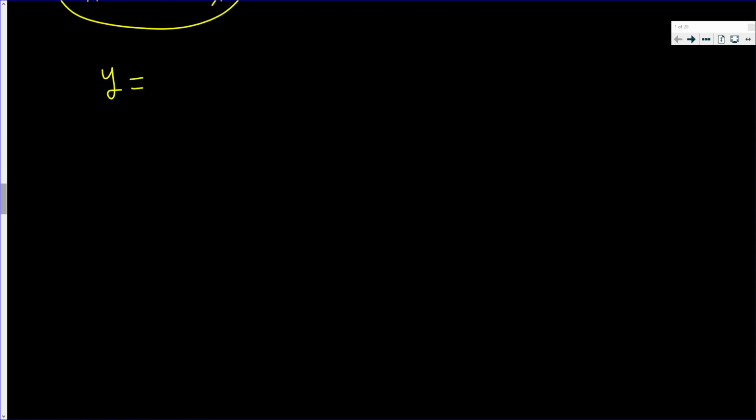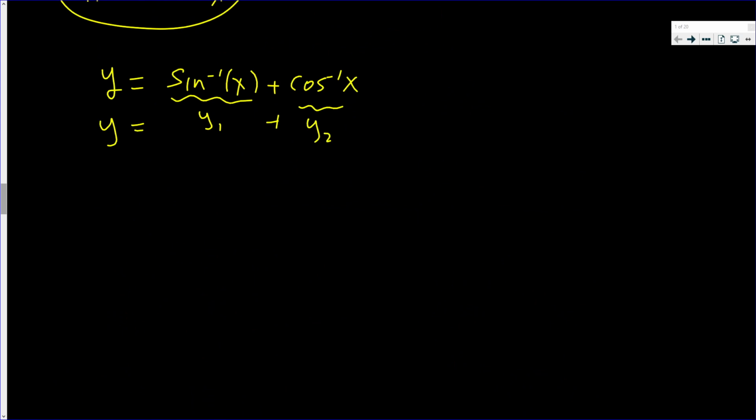y is equal to the sine inverse of x plus the cosine inverse of x. That is, y is equal to y1, I'm calling that y1, plus y2.